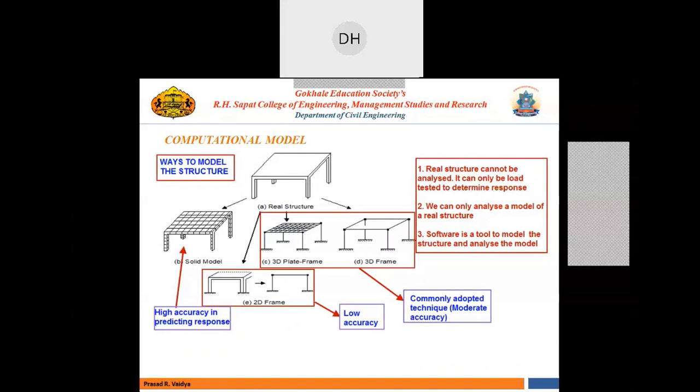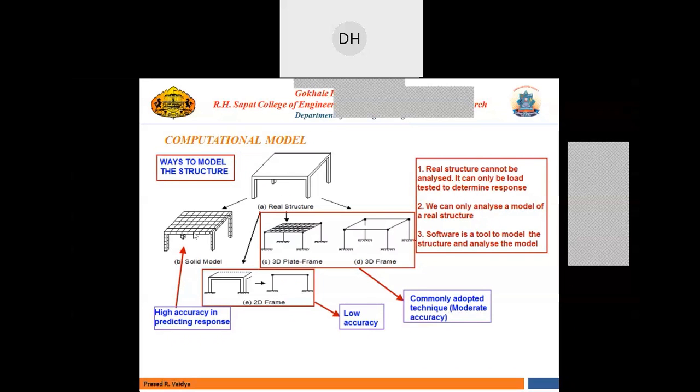But there are different ways of analyzing the real structure. You should understand first. The first, very precise way of modeling is a solid model. If this is your real structure, you can model it like a solid model, where all elements, including slab, beam, walls, everything is modeled with the help of solid modeling.